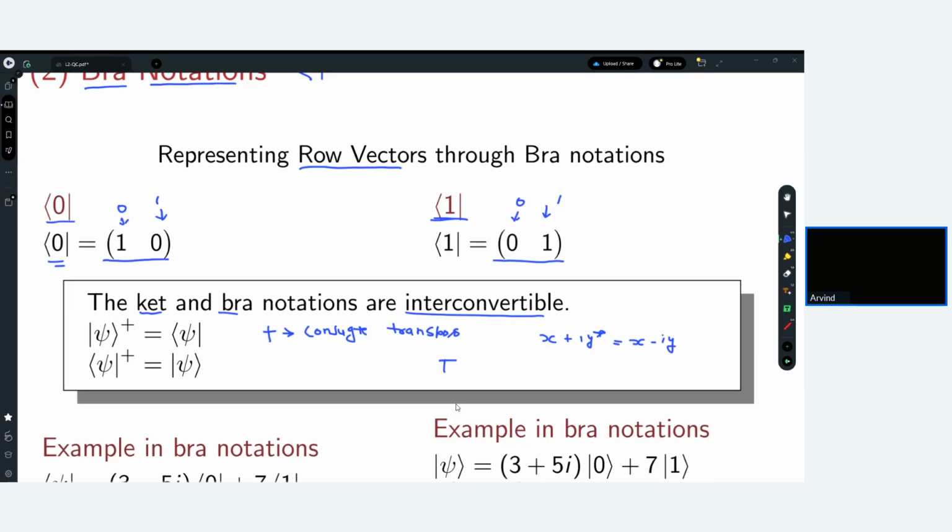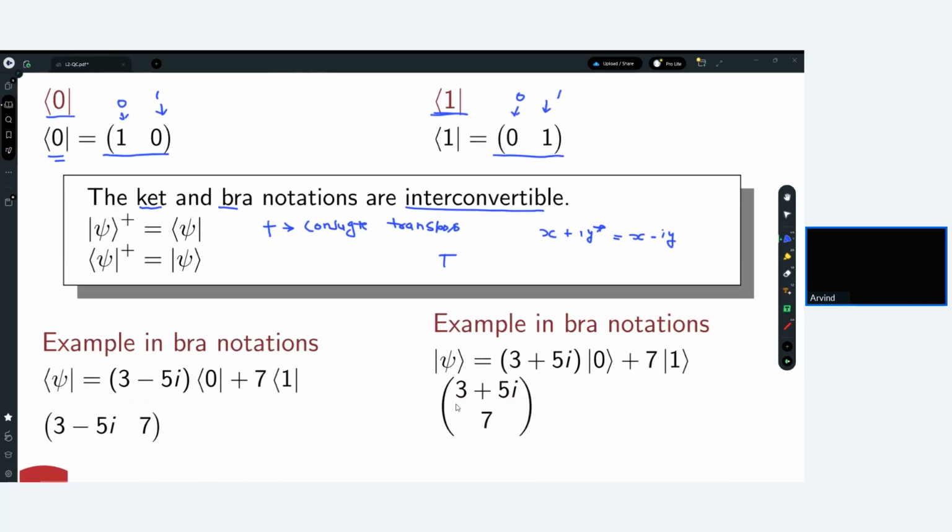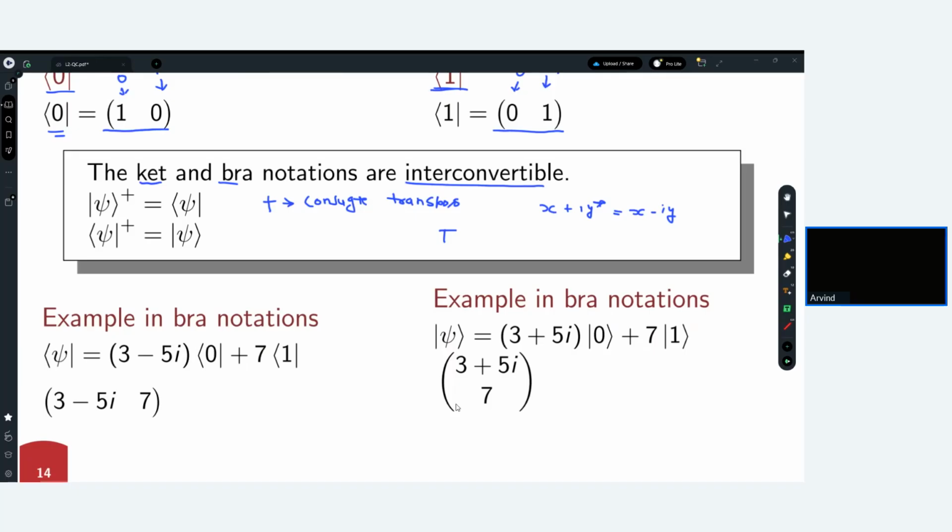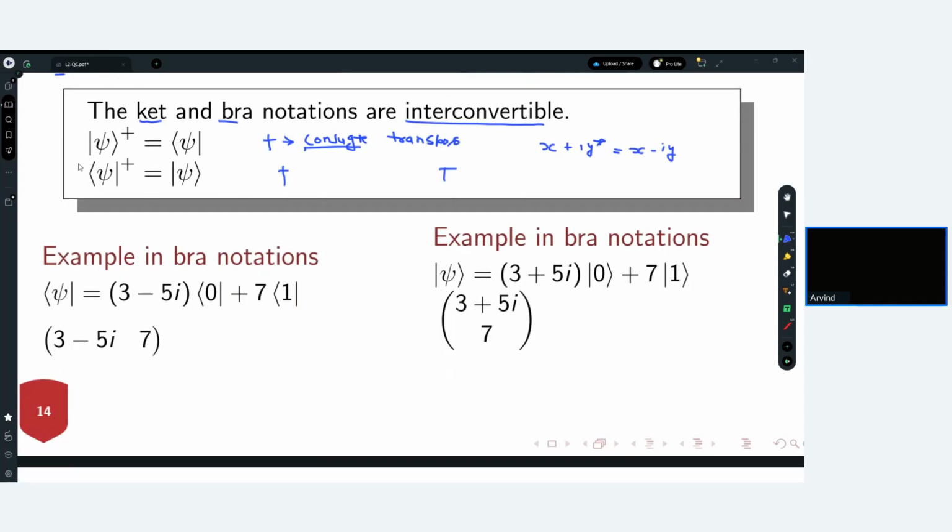That is a matrix operation. Transpose is a matrix operation and conjugate is a complex number operation. So this dagger symbol is a combination of two different operations, one from the complex number domain and another from the matrix domain. Here we are taking one example of converting a bra notation into the Ket notation.